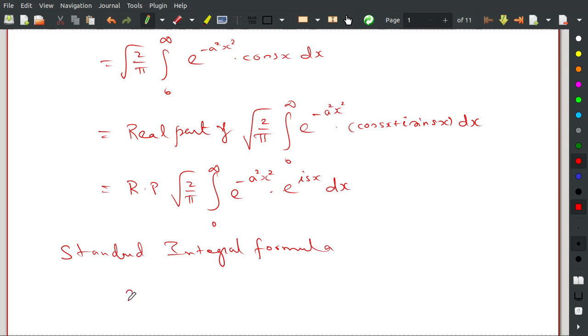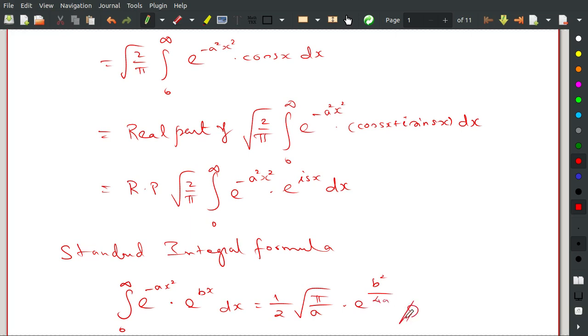Any integral 0 to infinity e power minus a x square into e power bx dx equals 1 by 2 root of pi by a into e power b square by 4a.